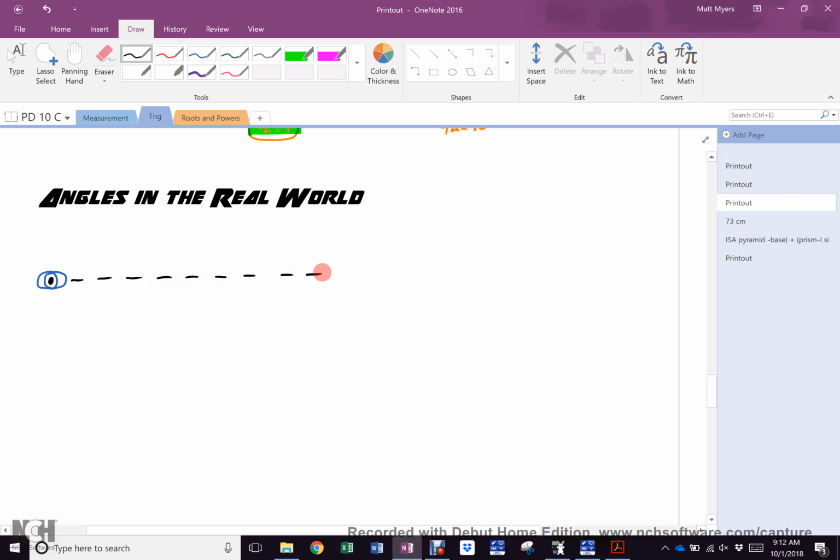Your eye looks straight ahead on a level line. Everybody cool? So right now, the black line is where that eye is looking, right?